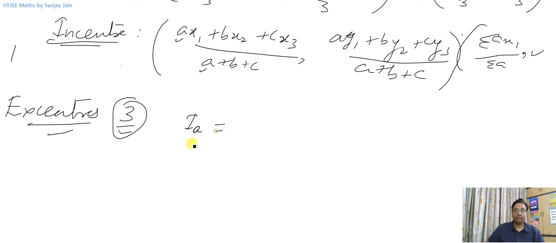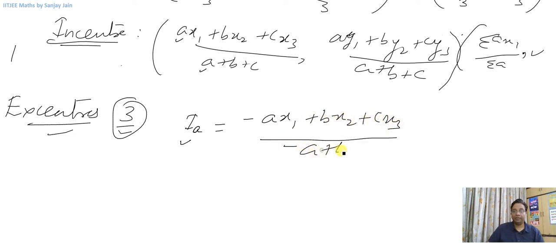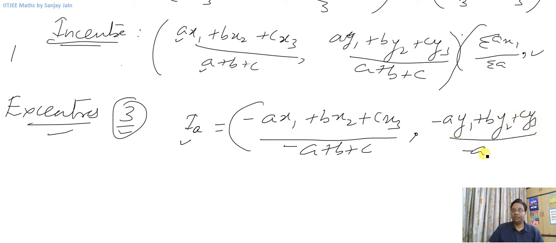So I'll write the coordinates of this excenter only. The rest you can write yourself. (-ax1 + bx2 + cx3)/(-a + b + c). Okay. Similarly, you can write the y coordinate as (-ay1 + by2 + cy3)/(-a + b + c). Okay, you can write the coordinates of the other two excenters yourself.